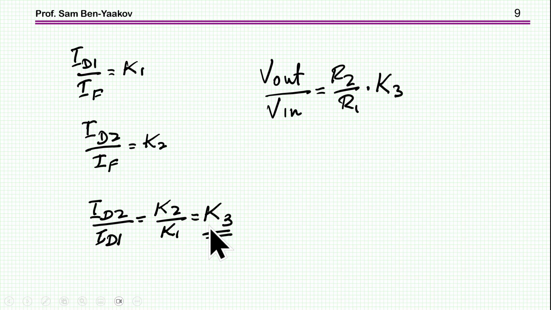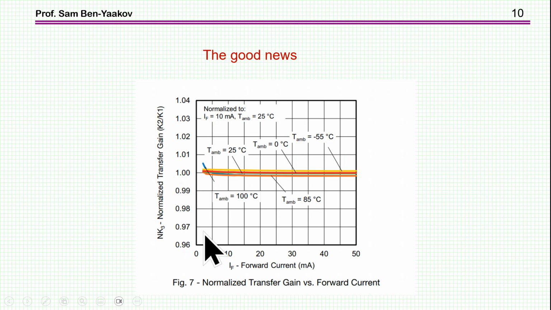If this is 1, then you will get a linear amplifier with a fixed transfer ratio. In reality, K3, the ratio between K1 and K2, is excellent in terms of temperature stability. This is 0.005%, whatever, per centigrade. So you see that it does not change. This is a very good behavior. Temperature does not affect it, but this is normalized.